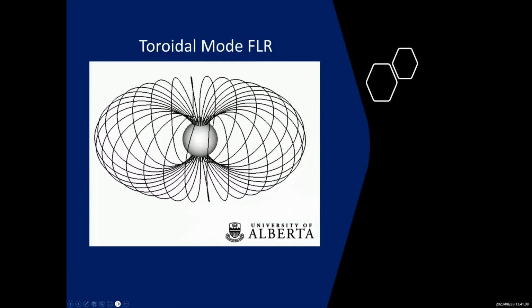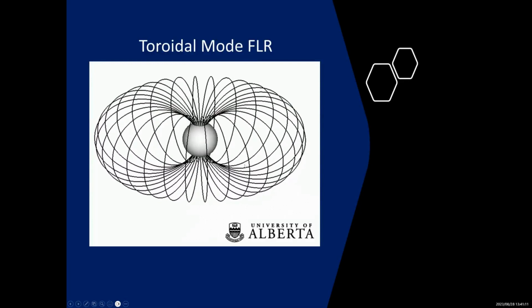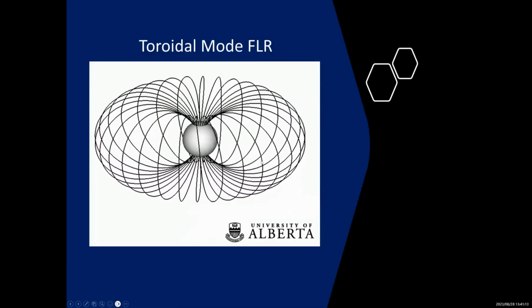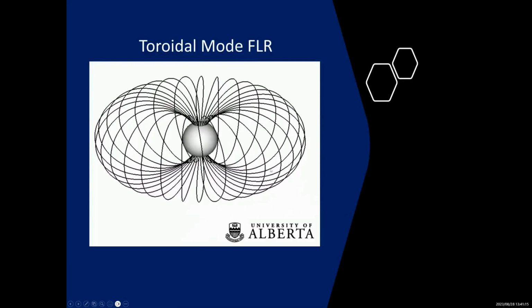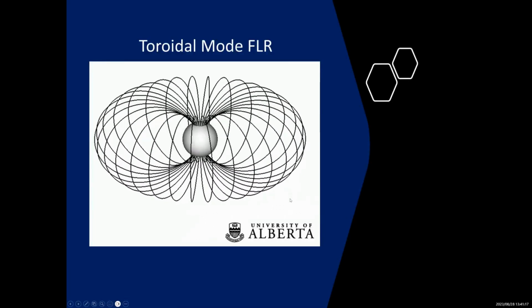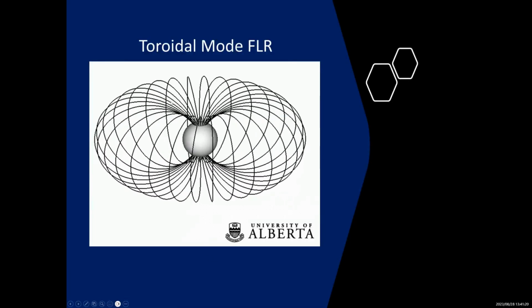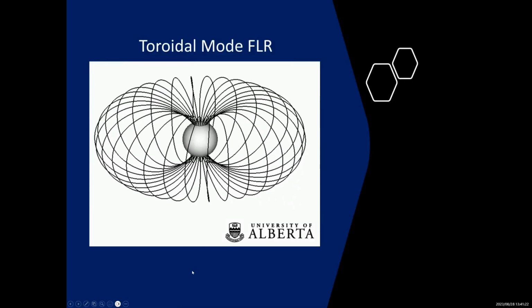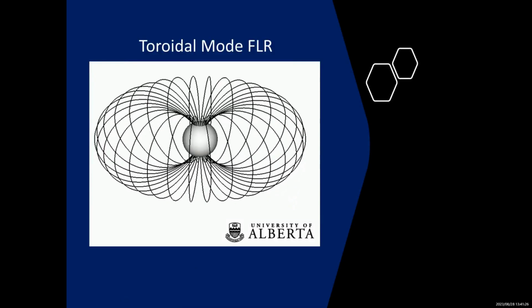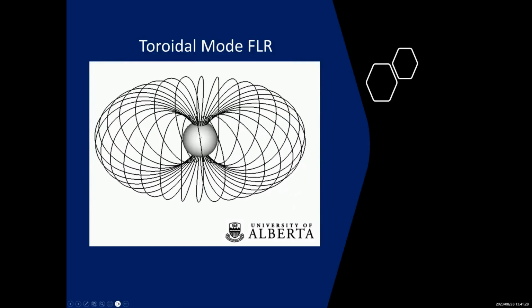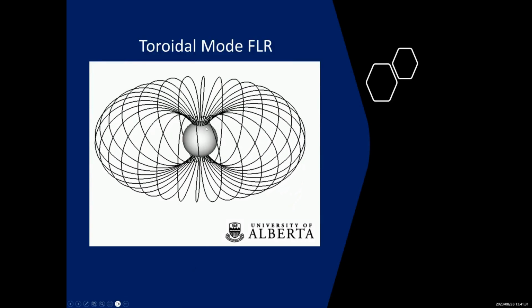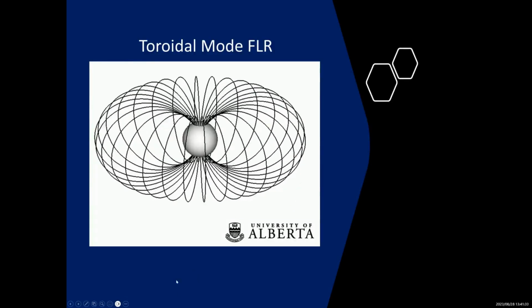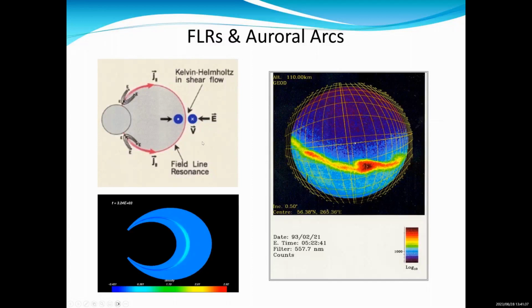And so this is an example of a toroidal mode field line resonance. If you move towards and away from the Earth, you'll see that the amplitude drops off in both directions. This corresponds to a localized excitation of a particular wave, the toroidal mode, that will drive field line currents and precipitation into the ionospheres.